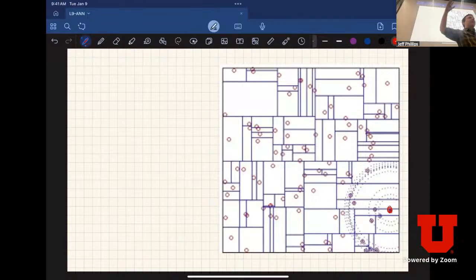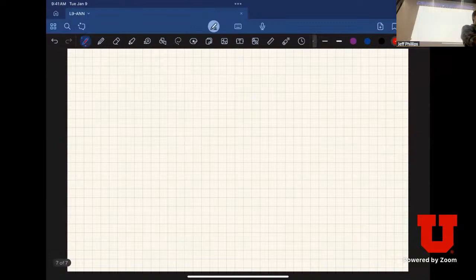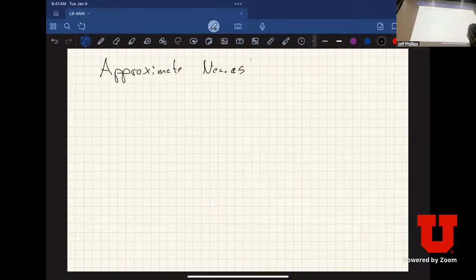Okay, so it's more complicated. Maybe sometimes my regions get stretched into these thin sort of rectangles. So I may not want to care about the exact nearest neighbor. I'm okay with something like a nearly nearest neighbor. Okay, so what we often care about is instead what's called an approximate nearest neighbor.